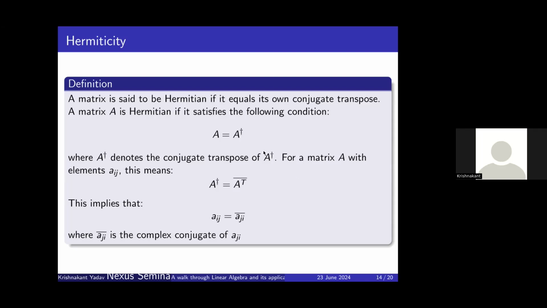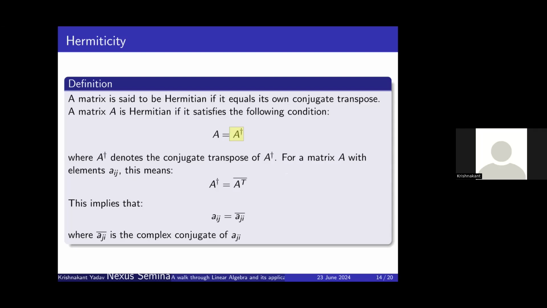Here A is mentioned as a Hermitian matrix and it satisfies the given condition. A dagger denotes the conjugate transpose of the original matrix A, also called the Hermitian transpose of A.